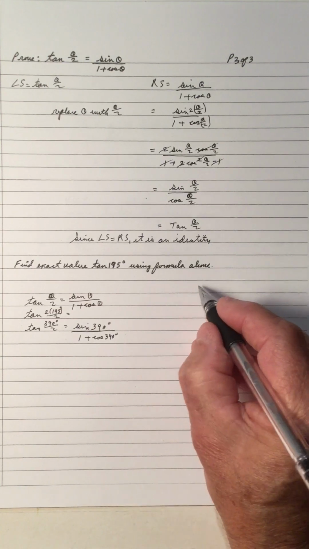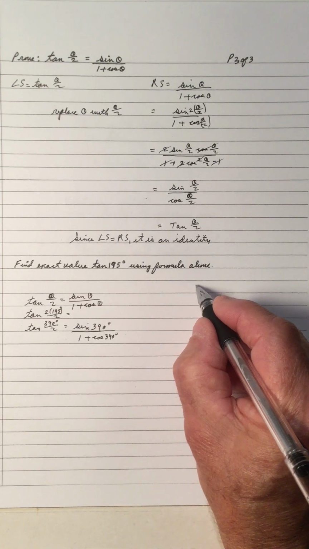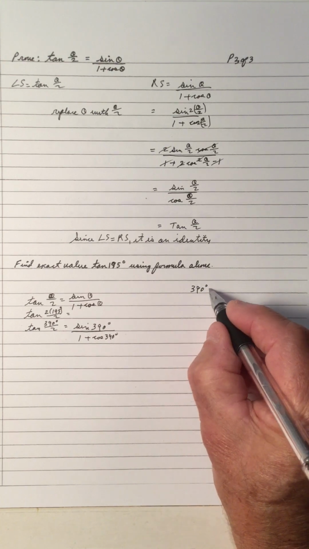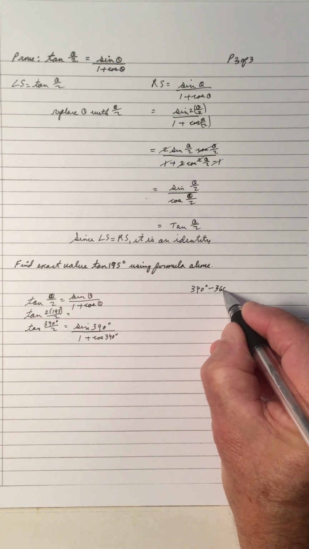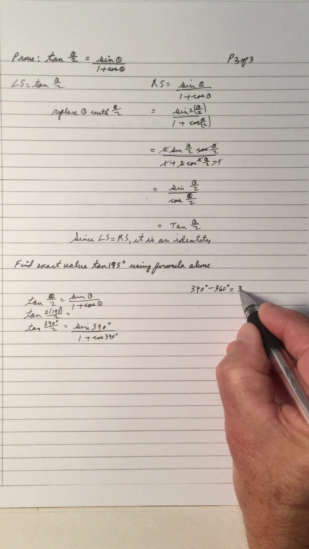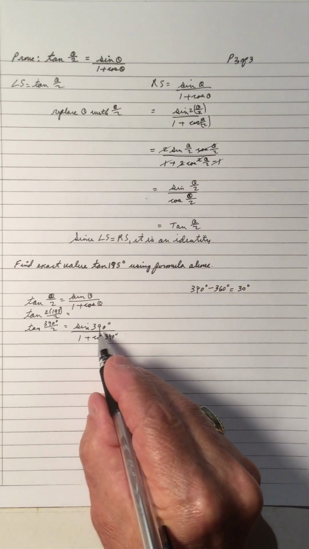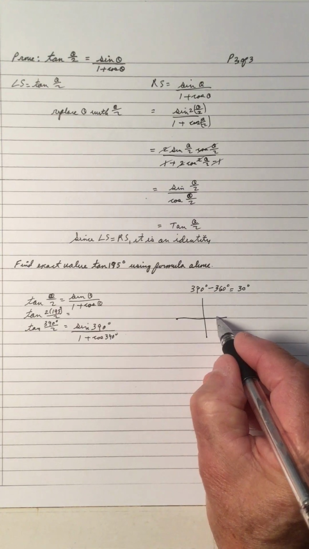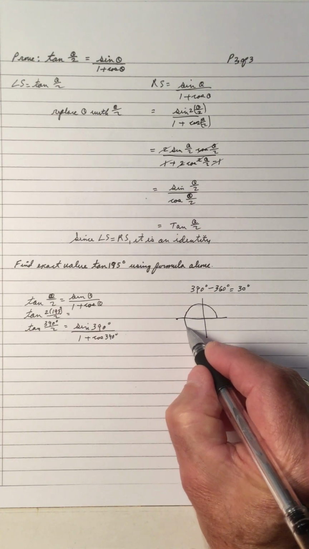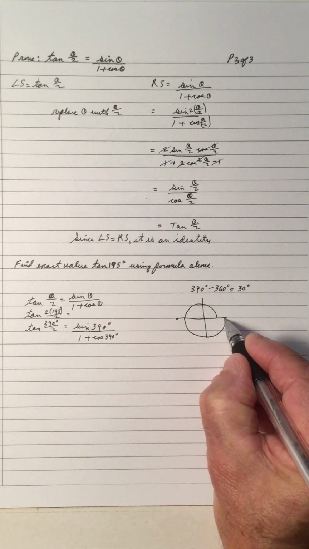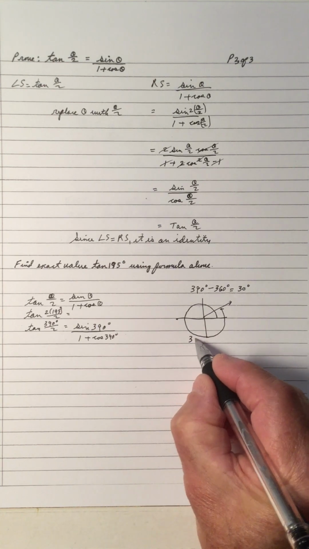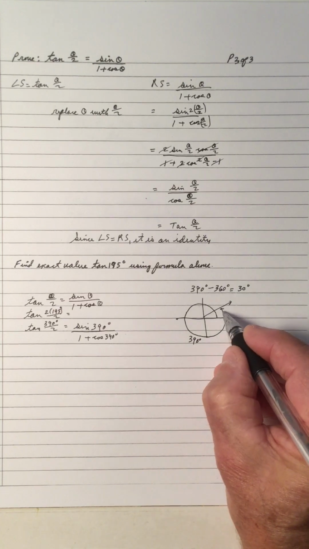And 390 degrees, well, let's look at 390. 390 is more than one rotation, so we take off 360, so that's 30. So the sine of 390, if you think about a circle, 390 is right around here, that's 360, and right here, so a 390 degree rotation is from here right to here.